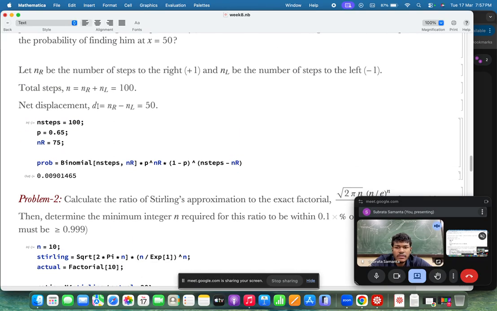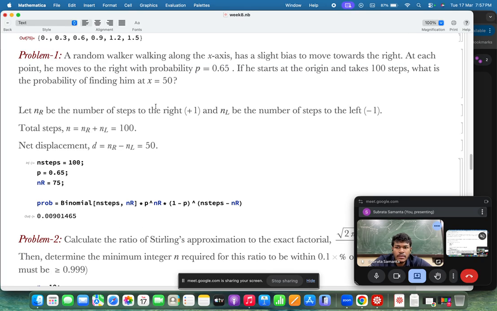So your net displacement NR minus NL is 50. Basically you have to calculate NR from these two equations, given the probability p is 0.65.